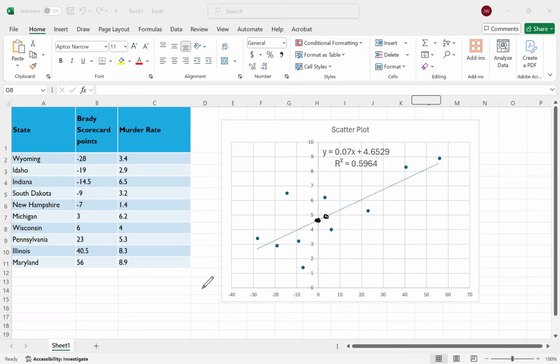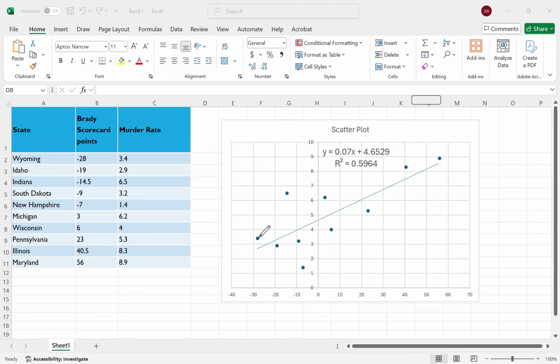Now, will those predictions be perfectly accurate? No. Obviously, there's some difference between each one of the points and the prediction on the line. What the least squares regression line does is it minimizes the square of all of those errors.